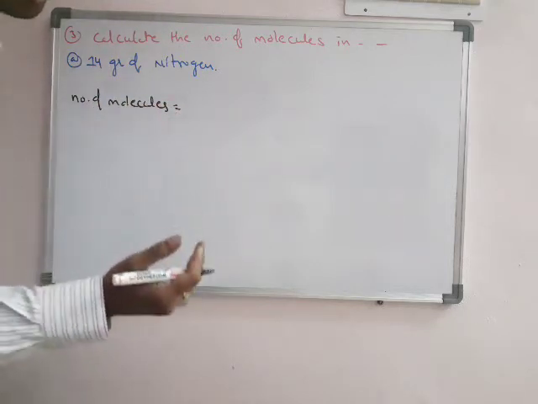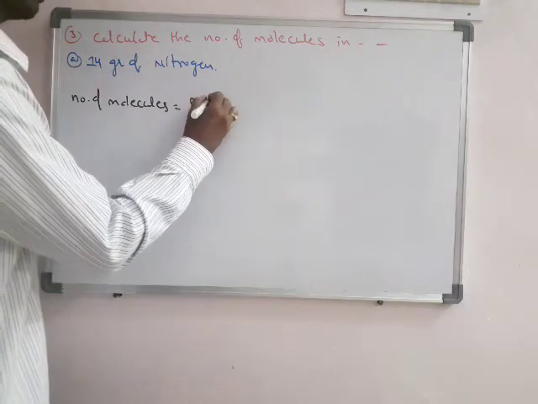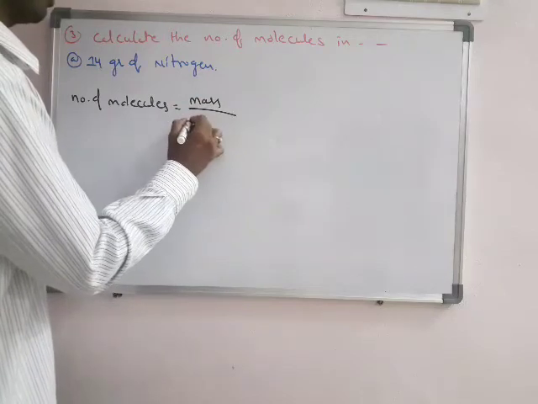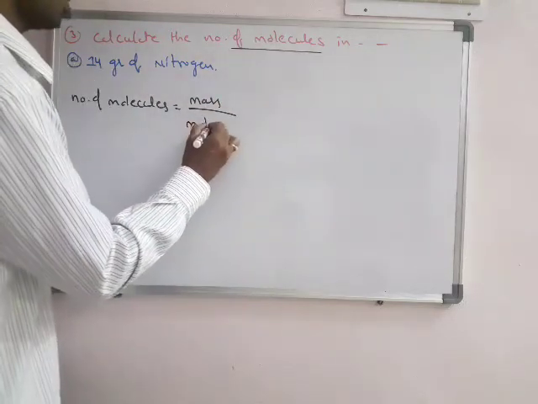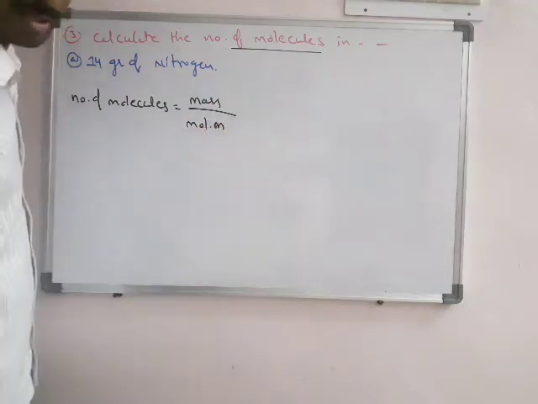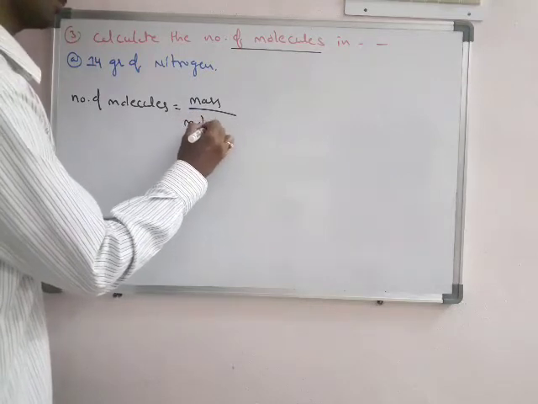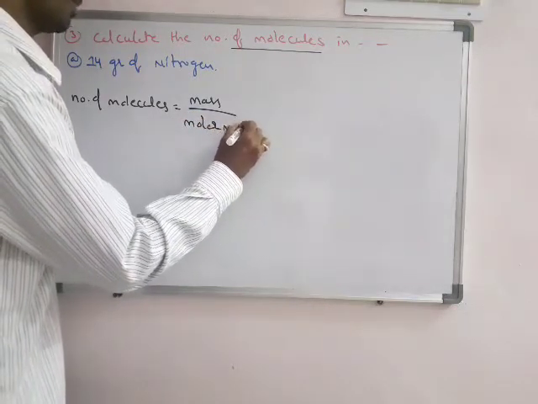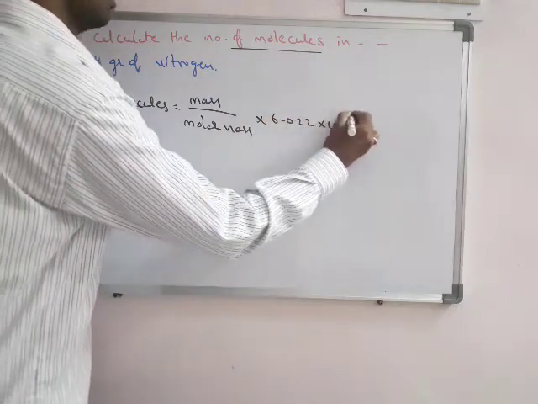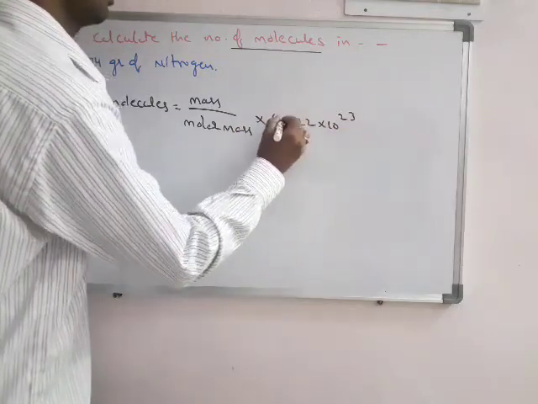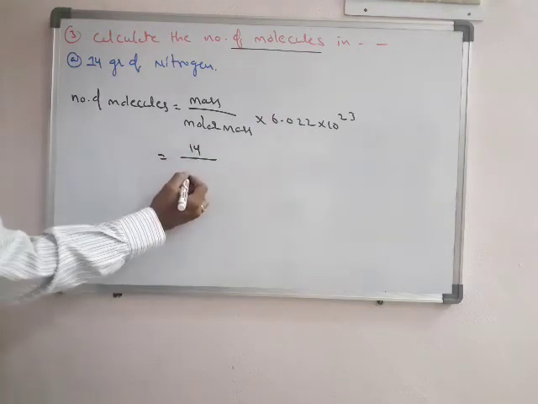Actually the moles లో తీసుకున్నా డైరెక్ట్ గా వస్తాయి, but గ్రామ్స్ లో ఇచ్చింది కాబట్టి we need to take mass by molecular weight or molar mass, into Avogadro's number. Molar mass and molecular weight both are numerically equal. The mass given is 14 grams. What is the molar mass of nitrogen?